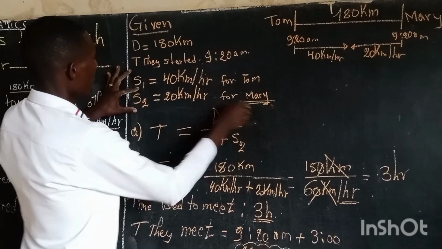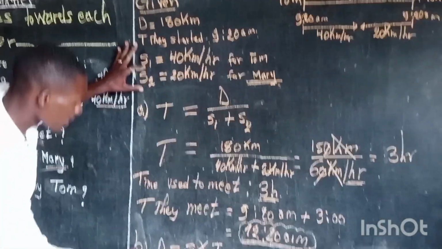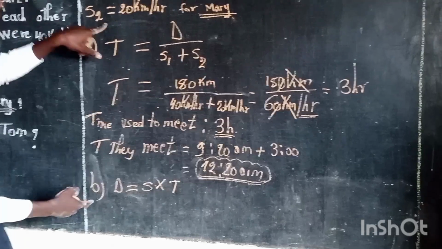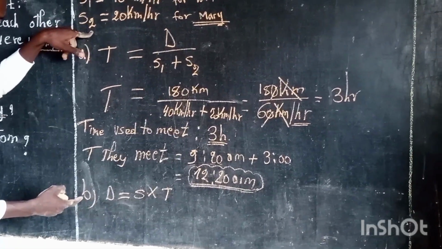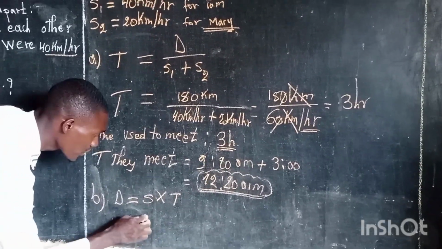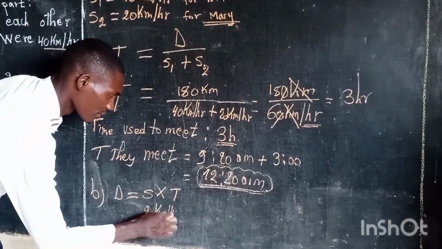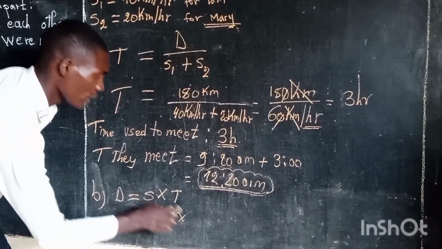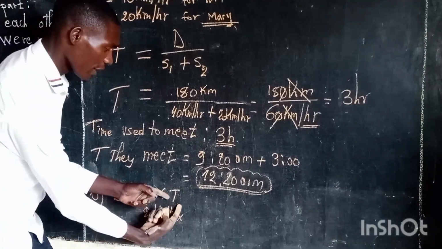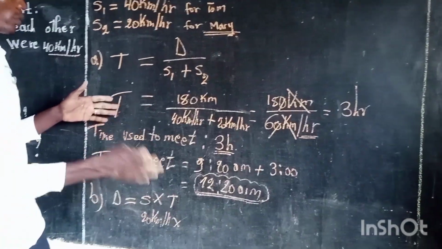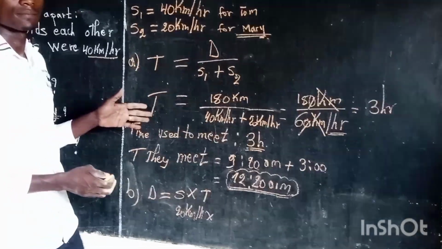And remember that by finding the distance covered by Mary, we use this speed too, which is 20 km/h times time. This time, remember that we get the time they have used to meet.